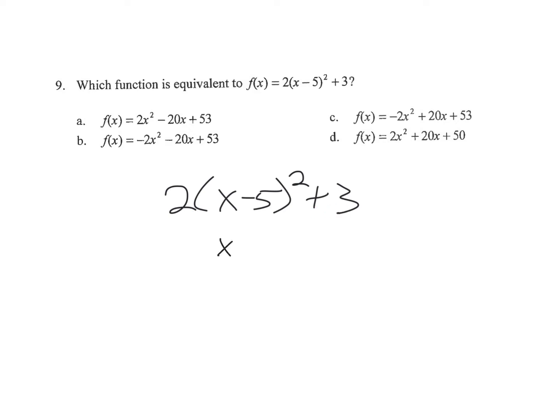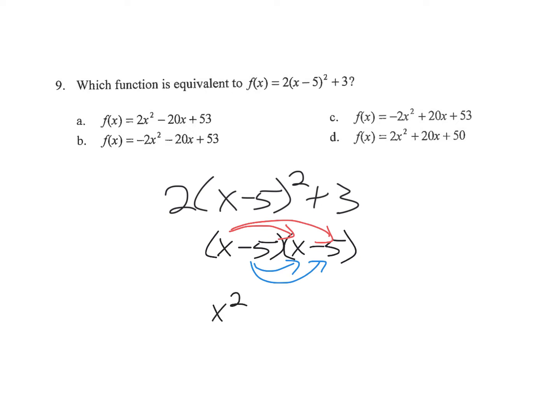So when we have x minus 5, which is a binomial, and we square it, that means we multiply it times itself. If you remember doing that, we multiply the first term times both terms in the other binomial, and then the second term in the first binomial times the other two in the second. When we do that, we end up with x squared minus 10x plus 25.